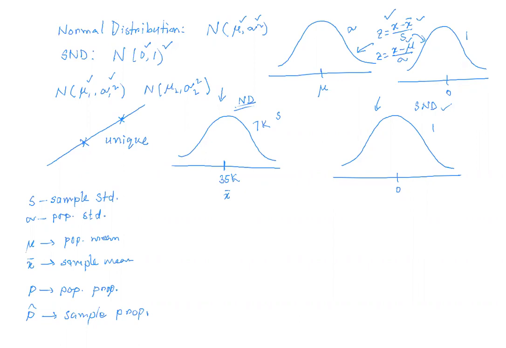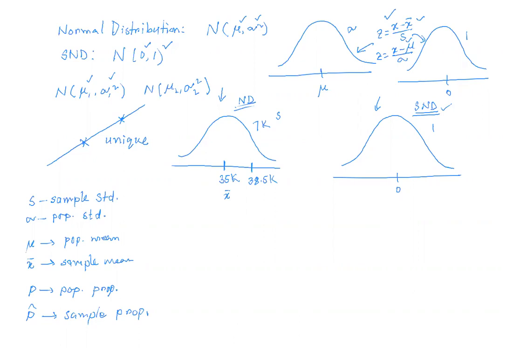Now, let's find some z value. So I have this point, let's call it 38.5K. And I want to translate, or map rather, this point to the corresponding point on the standard normal distribution. Remember, standard normal distribution has a mean of 0 and standard deviation of 1. I want to convert it into standard normal distribution.